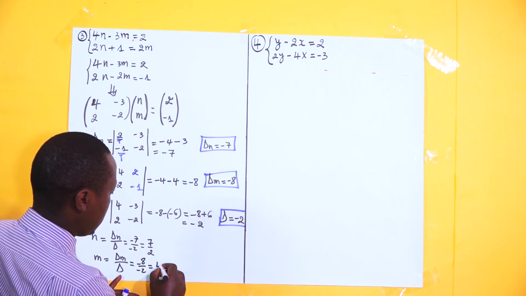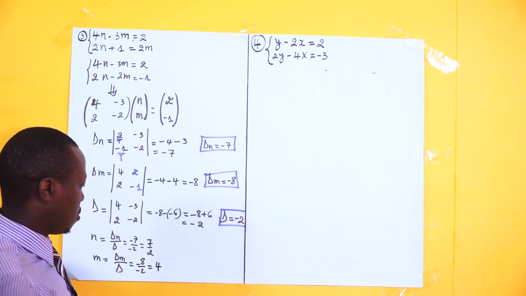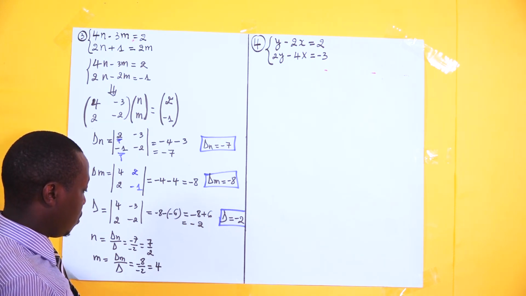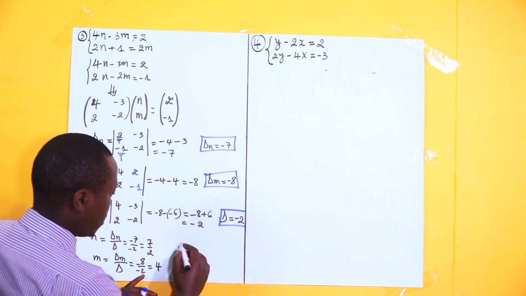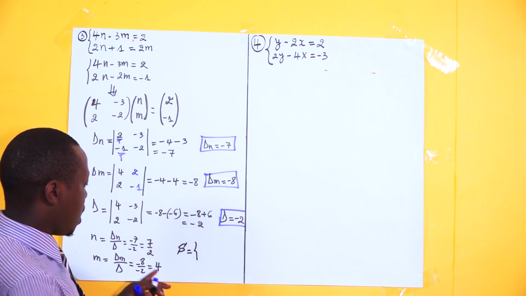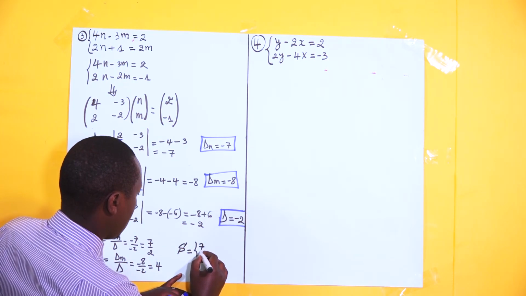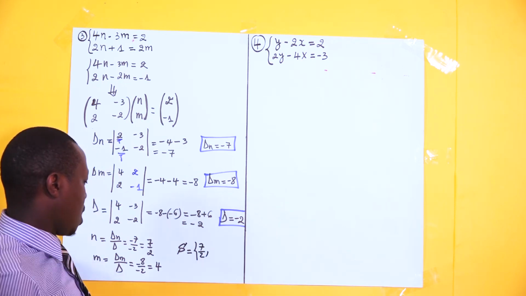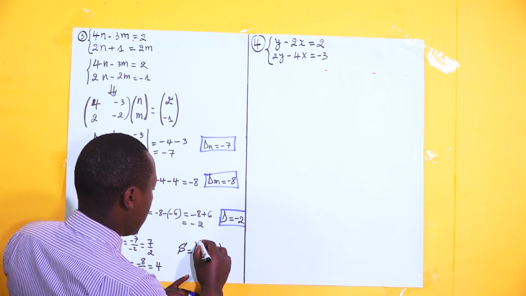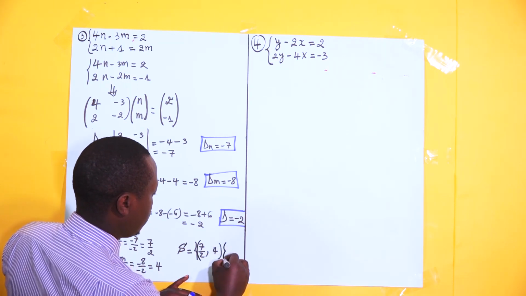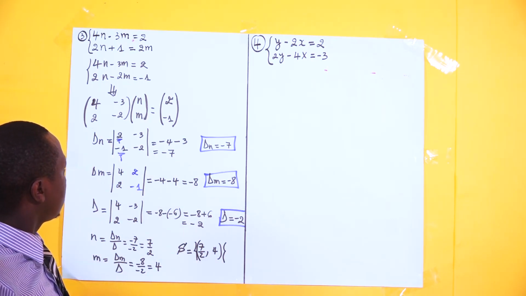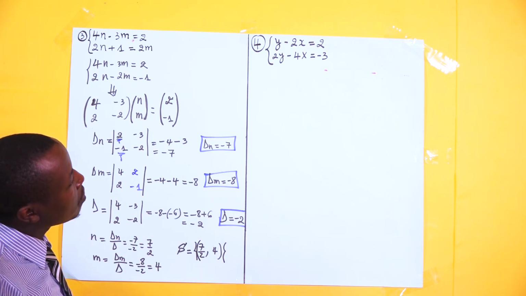The answer is 4. So the solution set here is a couple of two numbers. We start with n, it is 7 over 2, and the value of m is 4. It is a couple of these two numbers, 7 over 2 and 4. This is a solution set because the question asked to solve.